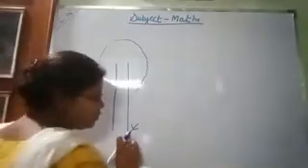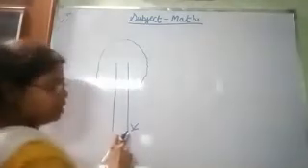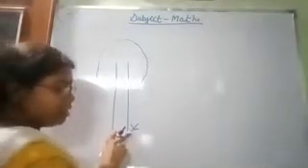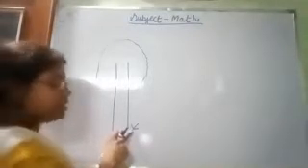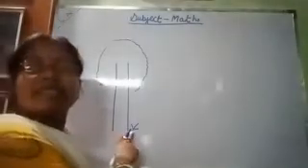See the distance between the tree and the bird. The distance between the tree and the bird is very less. So it is near.